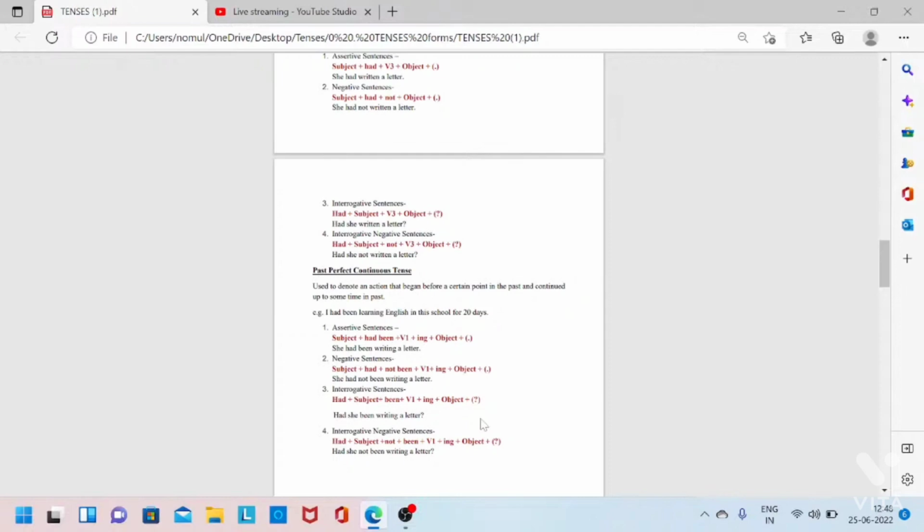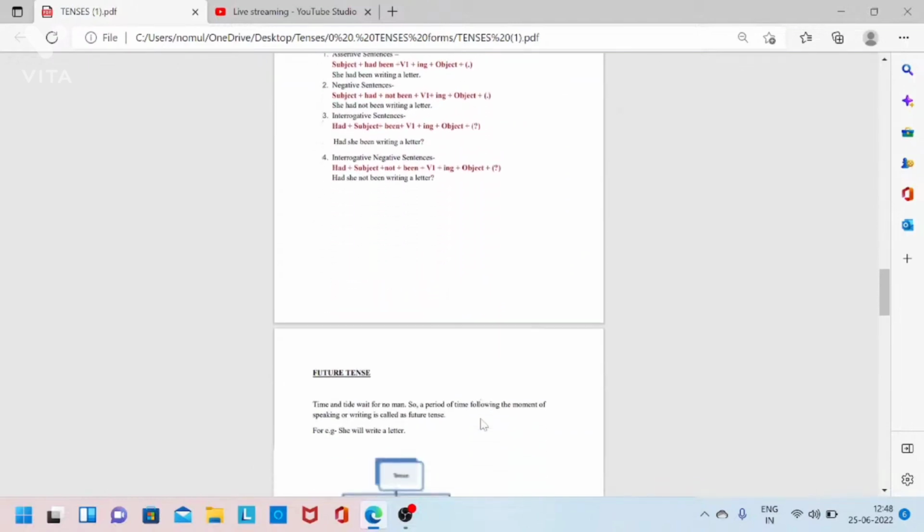And for the interrogative negative sentence, we insert not between the subject and the auxiliary verb. Had plus subject plus not plus been plus V1 plus ing plus object. Had she not been writing a letter? So this is all about the past perfect continuous tense.